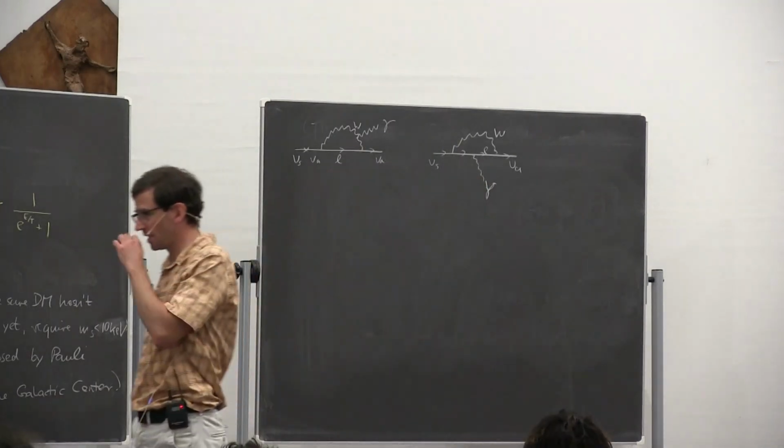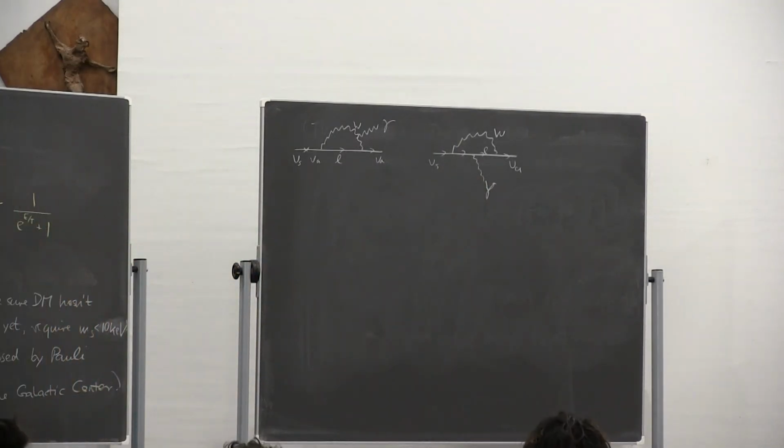So that process is, in terms of the rate, suppressed compared to the 3 neutrino decay because there's an extra loop. But on the other hand, it has a very nice observable final state, namely a monochromatic photon. And monochromatic photons are something you don't get every day in astrophysics. So in that sense, it's a pretty neat signature. The exact expression for this decay rate is going to be in the notes.